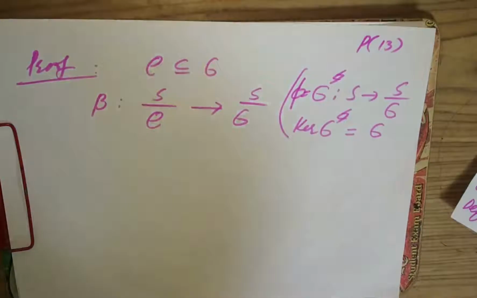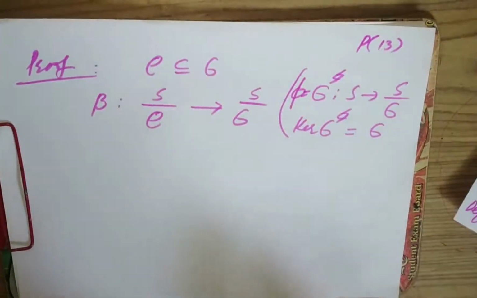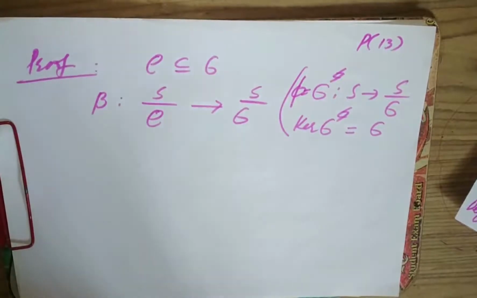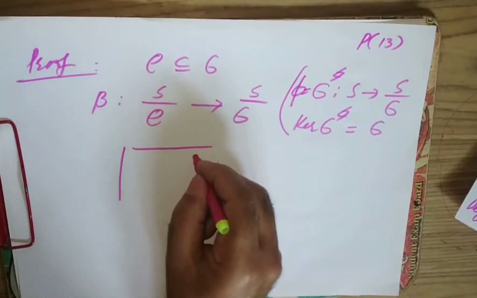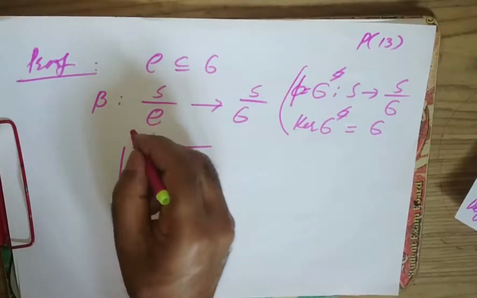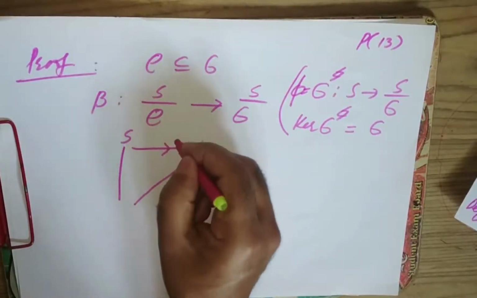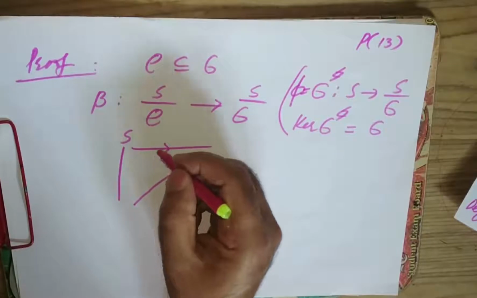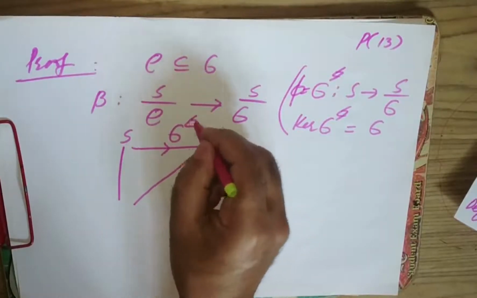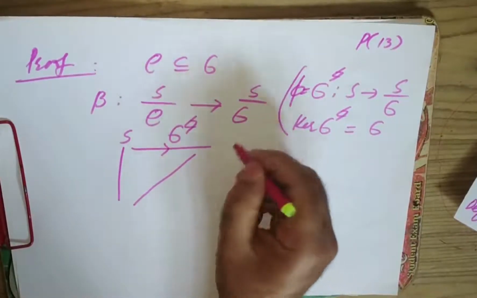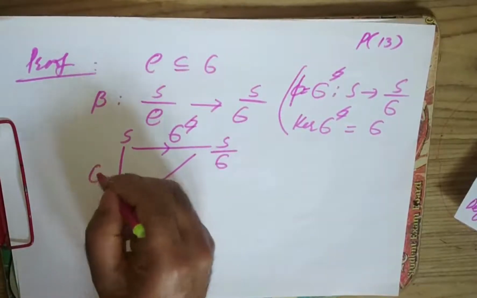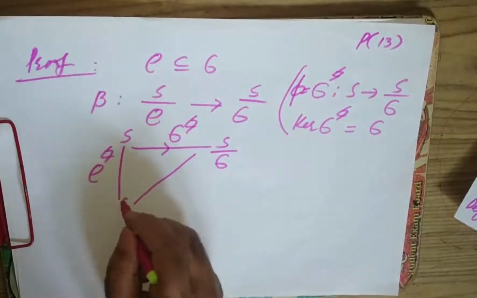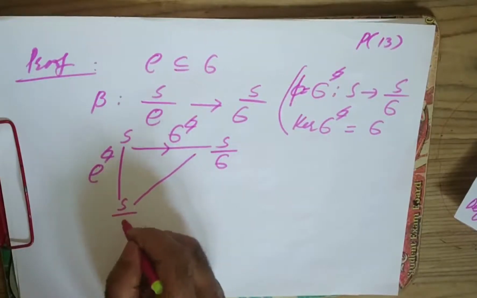So I can find the map beta from S over rho to S over sigma, such that the diagram commutes as in the previous theorem. Which diagram commutes? First we have S, with phi, which here means sigma natural, going to S over sigma, and rho natural from S to S over rho.